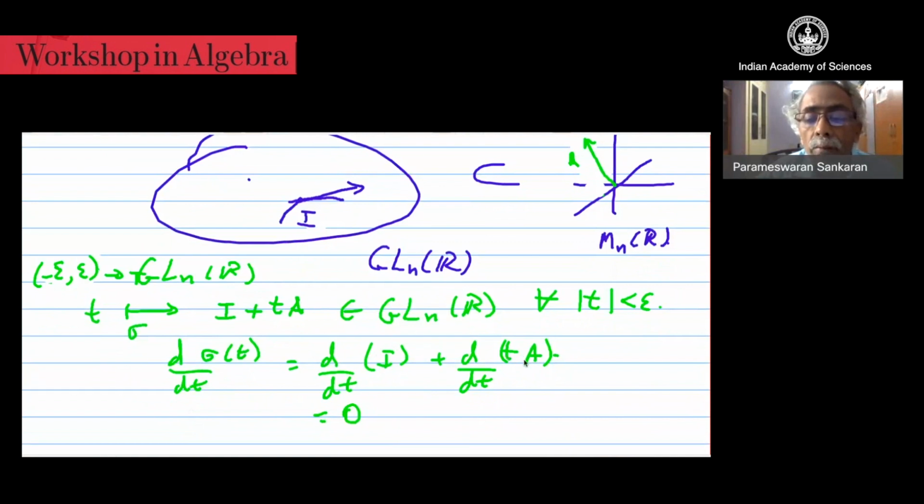And now d by dt of t times A is just A. So every matrix arises as a tangent vector. So the collection of all tangent vectors here, therefore, is Mn of R. That's it. There is nothing more to say. That's a proof that the tangent space at identity to GLn R is exactly the vector space Mn of R.